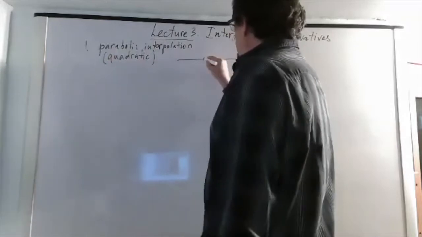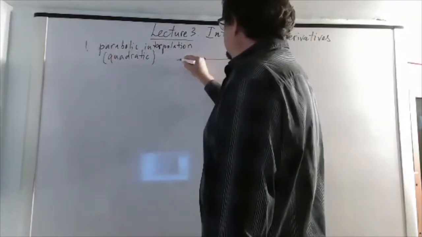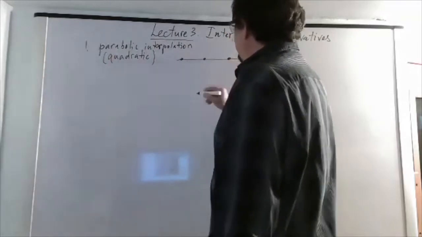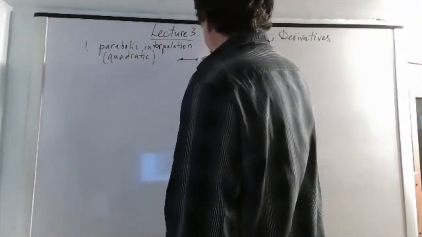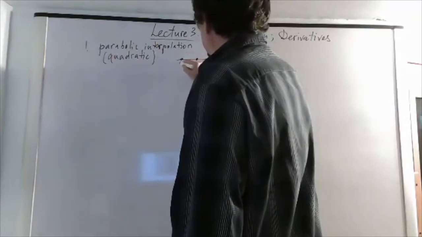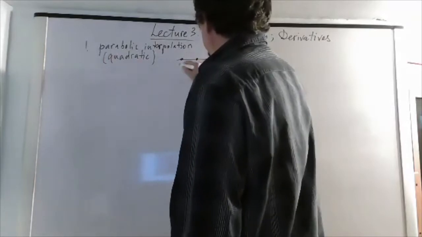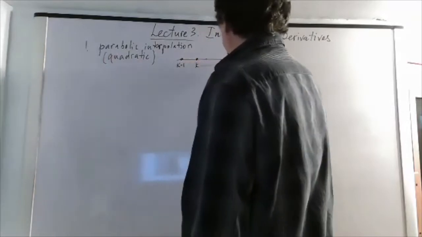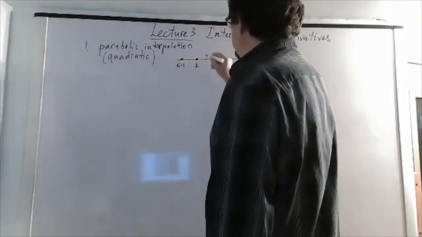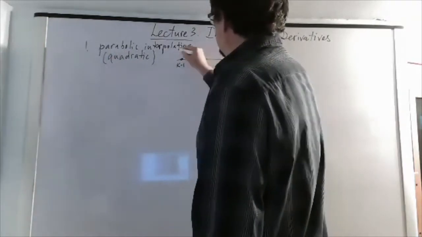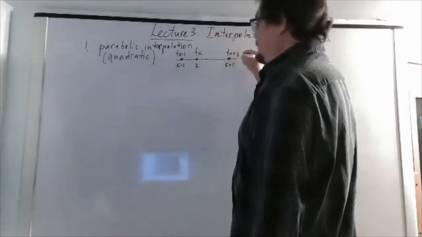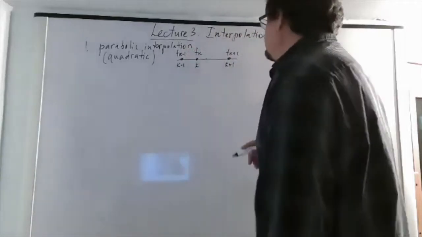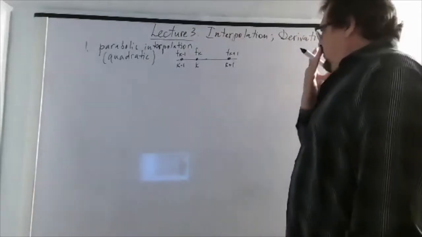So let's say you have 3 data points, and they're not necessarily equally spaced again. So you have, say, k minus 1, k, and k plus 1, and this is your f k minus 1, f k, f k plus 1.